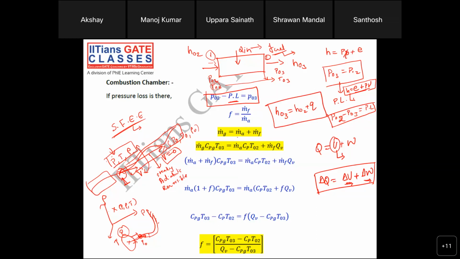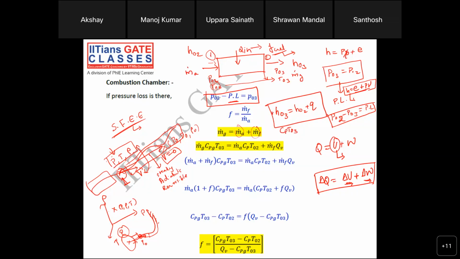I am defining H0 in terms of CpT03, and of course this is per unit mass, but here I cannot treat it as unit mass because I am entering with the mass of air, and here I am entering with the mass of gas, where mass of gas is nothing but mass of air plus mass of fuel. So this is not a per unit mass system.